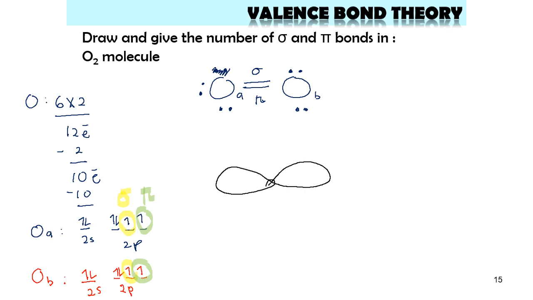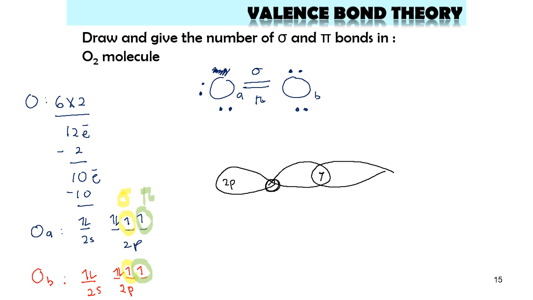Okay, so this is your first oxygen. This is 2p, label 2p, and you have 1 electron here. Okay, 1 single electron, and it will pair up with this single electron from 2p orbital as well.